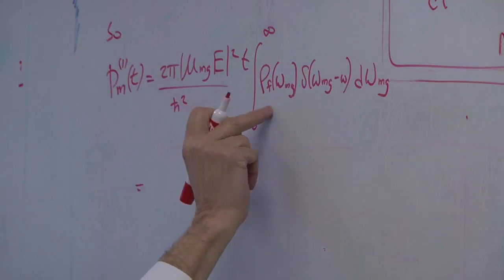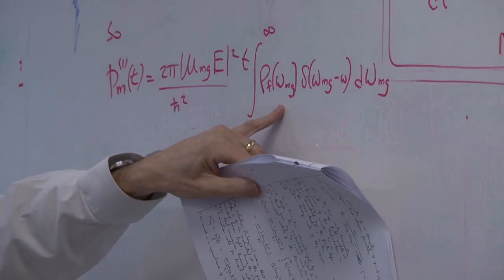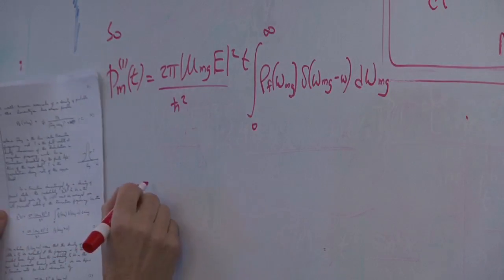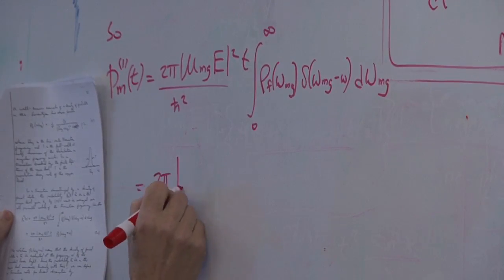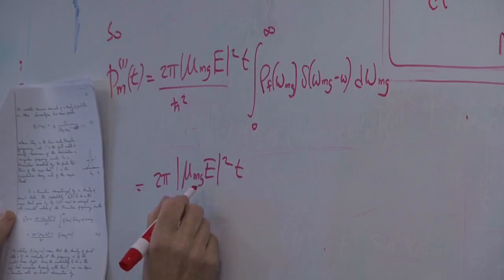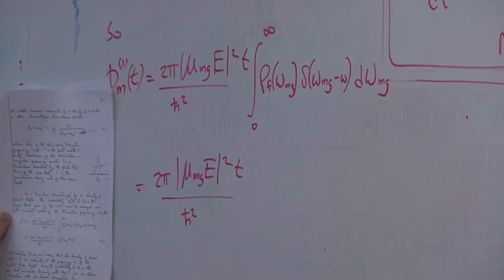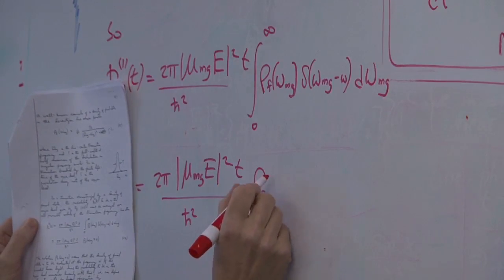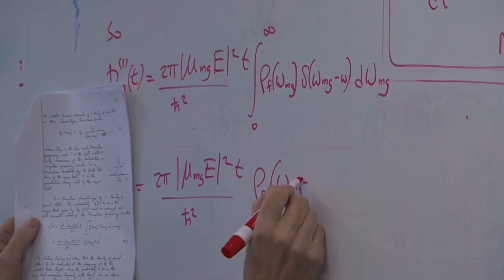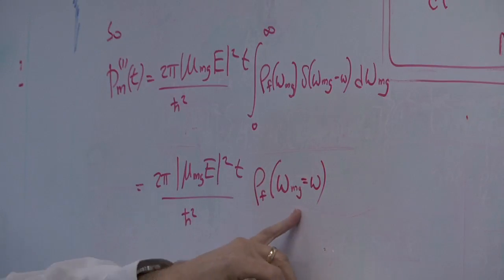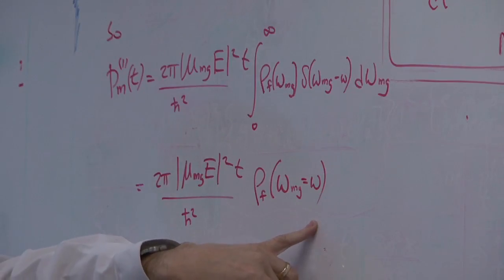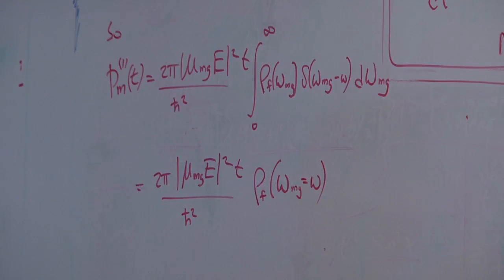And of course, integrating over a delta function just extracts the value of the line shape function at the laser frequency. So this then becomes 2 pi mu mg E squared T over h bar squared times the density of final states, evaluated at the laser frequency. I just choose to write it this way.